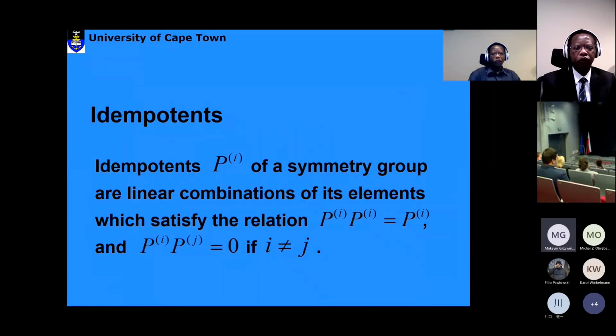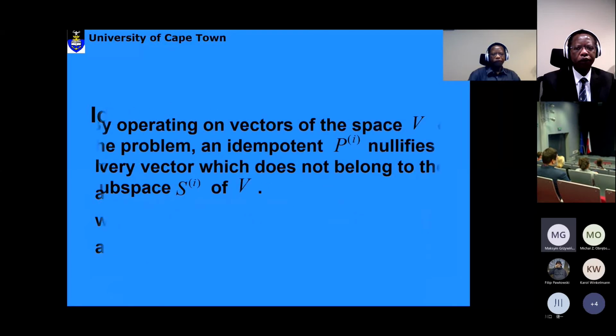Idempotents Pi of a symmetry group are linear combinations of its elements which satisfy the relation Pi Pi = Pi, and Pi Pj = 0 if i is not equal to j.